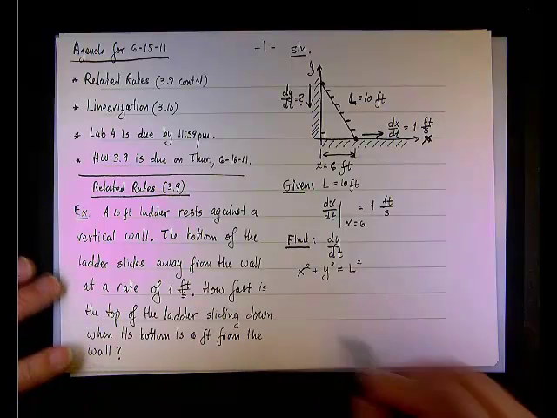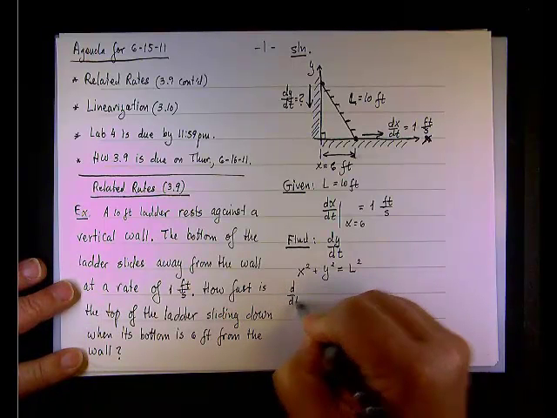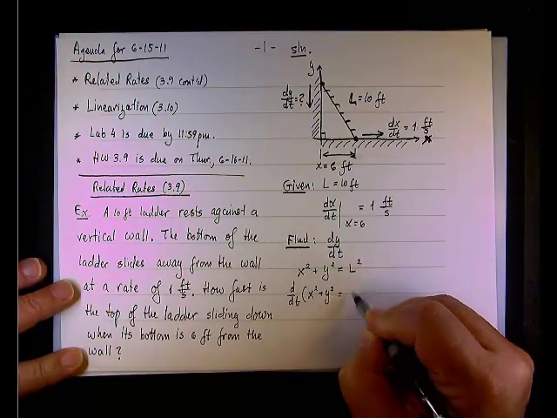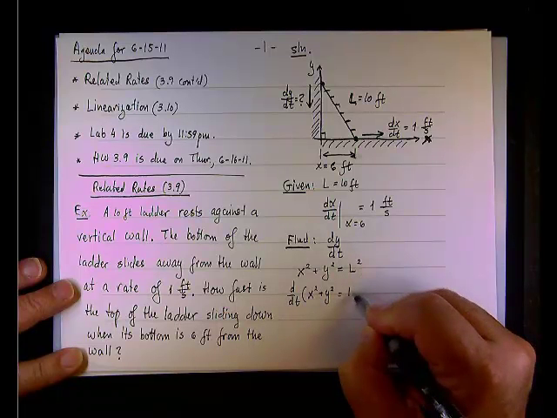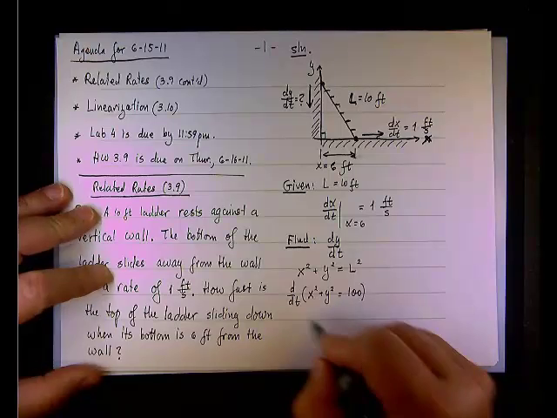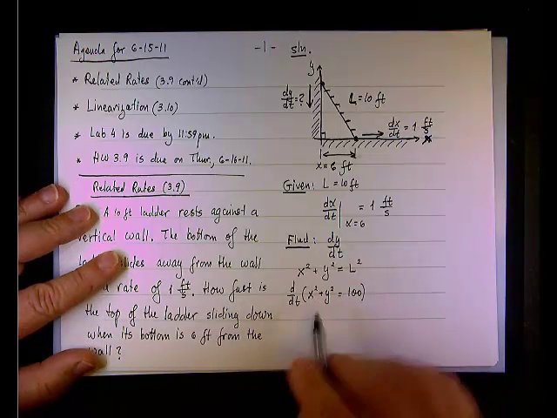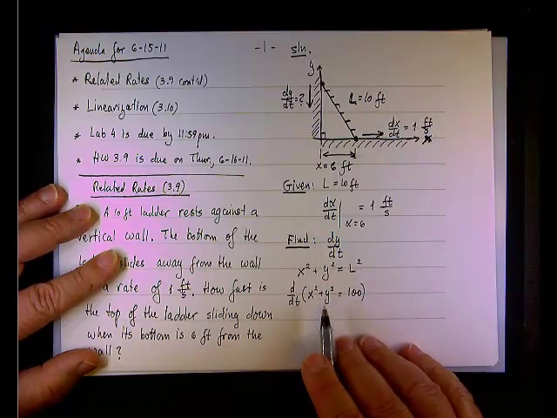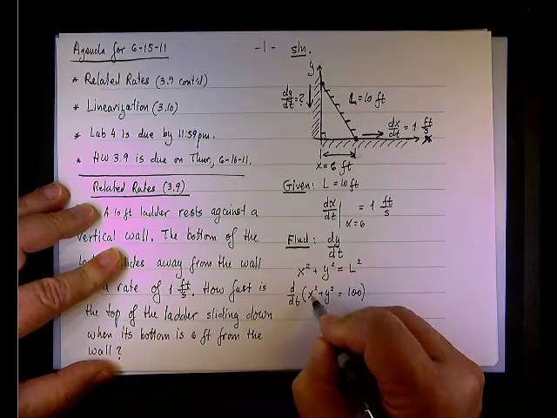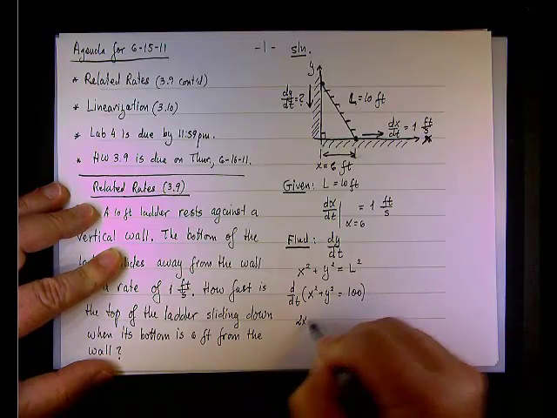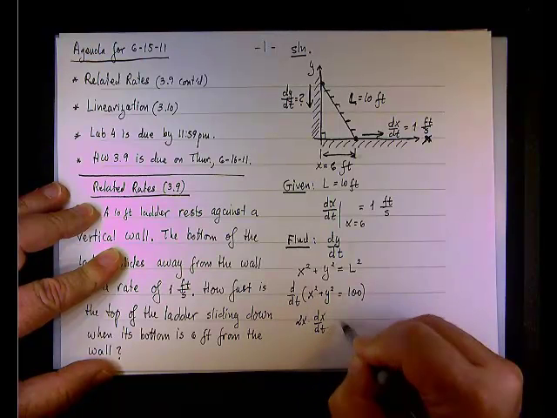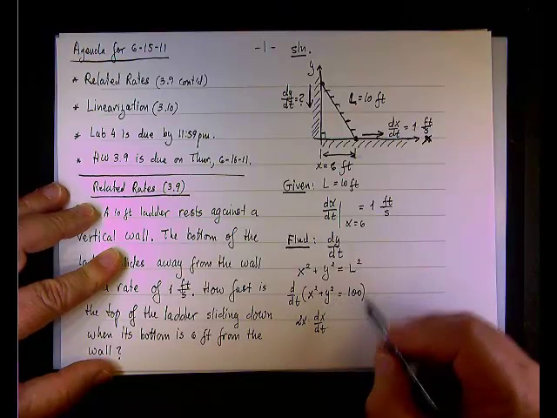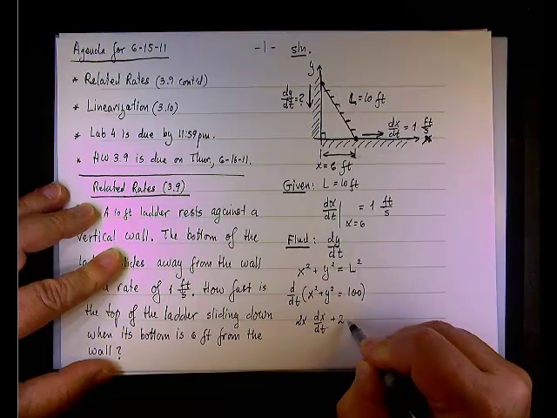So at this point, I'll go ahead and differentiate everything. And again, the power of implicit differentiation. L squared is 100. After doing so, by the chain rule, d/dt of x squared will be d/dx of x squared times dx/dt, and d/dx of x squared is 2x, times dx/dt. Same with y: d/dt of y squared is 2y times dy/dt.